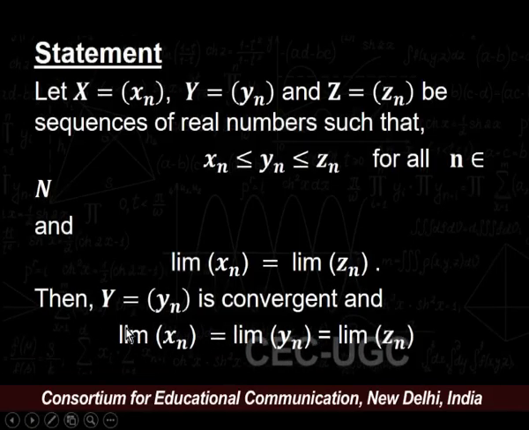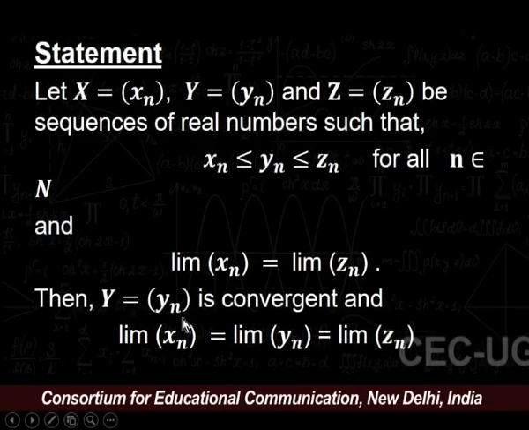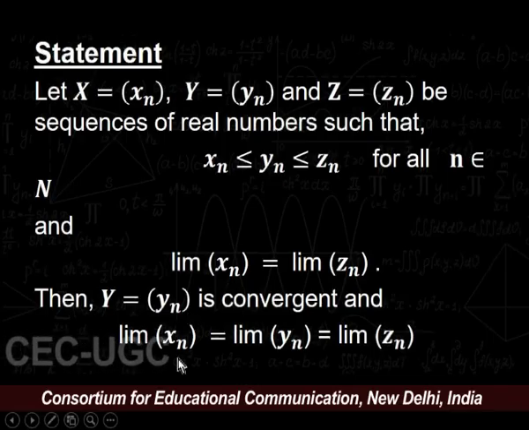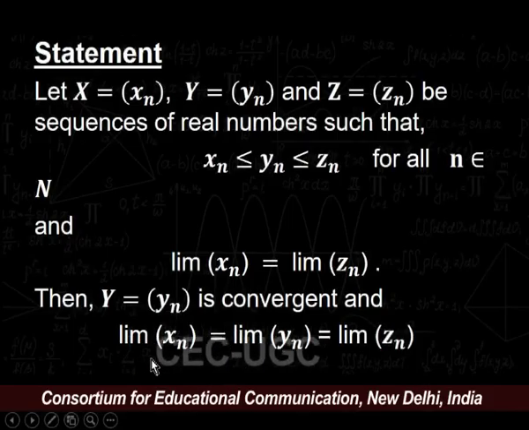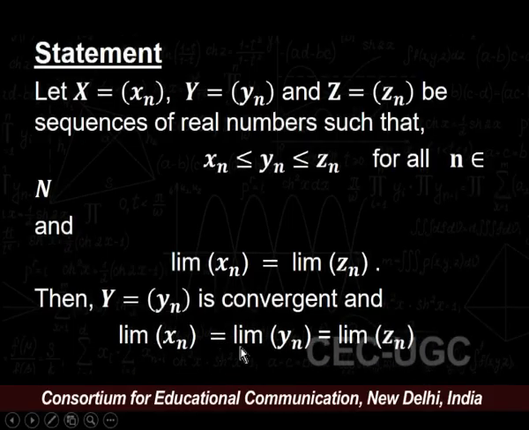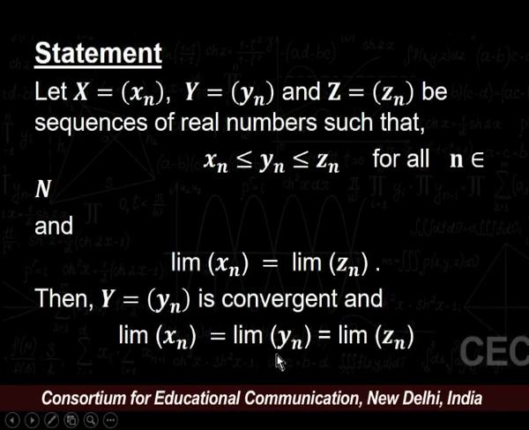Then Y = (yn) is convergent and the limit for all the sequences is the same, that is, limit of xn is equal to limit of yn and limit of yn is equal to limit of zn.